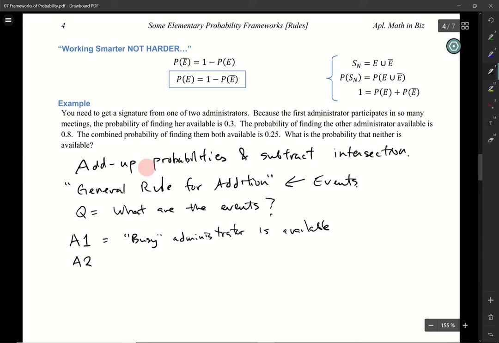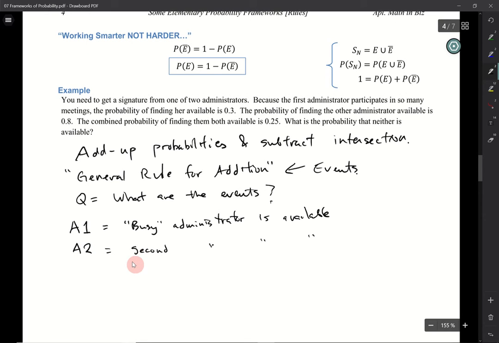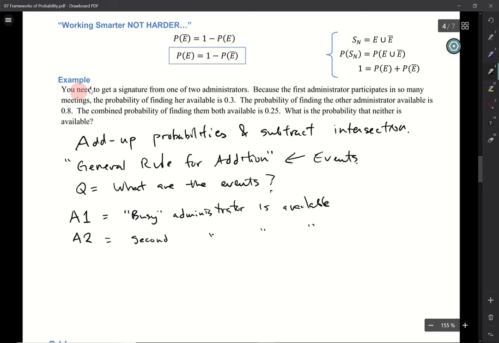The second administrator, I'll just use A2, is available. So A1 is that the busy administrator is available, and A2 is that the second administrator is available.